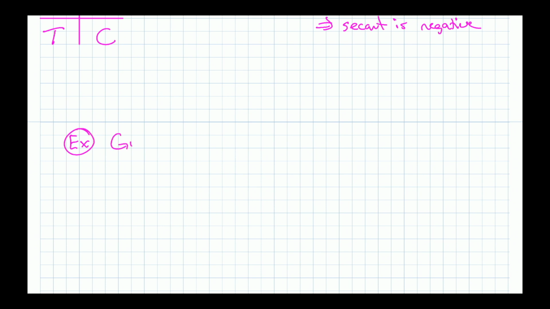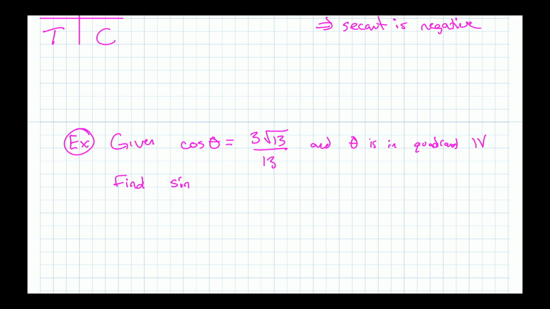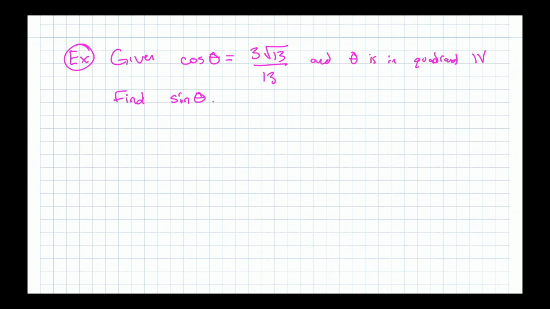So, given cosine theta is 3 square root 13 over 13, and theta is in quadrant 4. Find sine theta. All right, let's try to do it. So again, the idea is we can draw the triangle that goes with this.